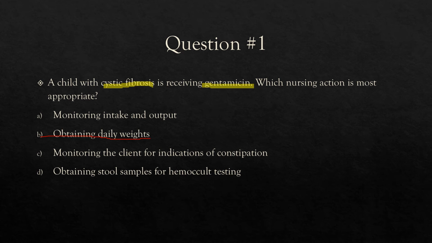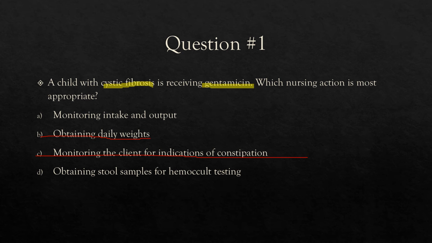And then C, monitoring the client for indications of constipation. Normally, when you are giving an antibiotic, it will probably cause diarrhea rather than constipation. So I would go ahead and mark out C. And then D, obtaining stool samples.